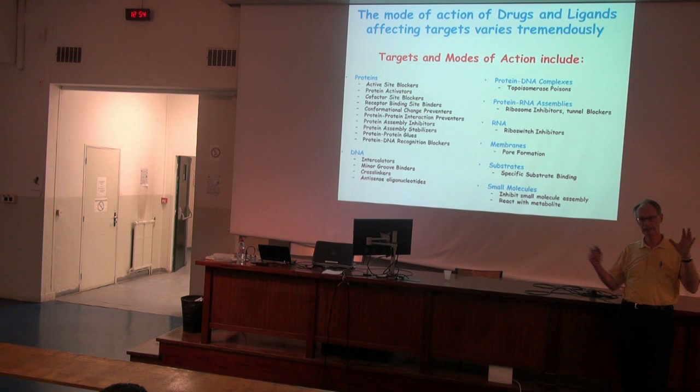That is, when topo makes a covalent bond with a broken DNA, as you may know, then cipro and other topo 2 inhibitors and camptothecin and other topo 1 inhibitors prevent the resealing of the DNA which was temporarily broken.